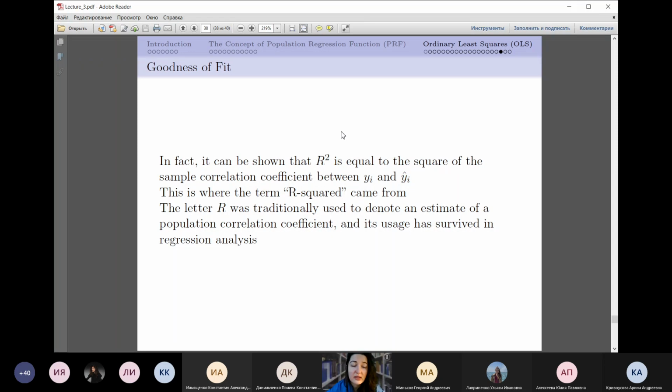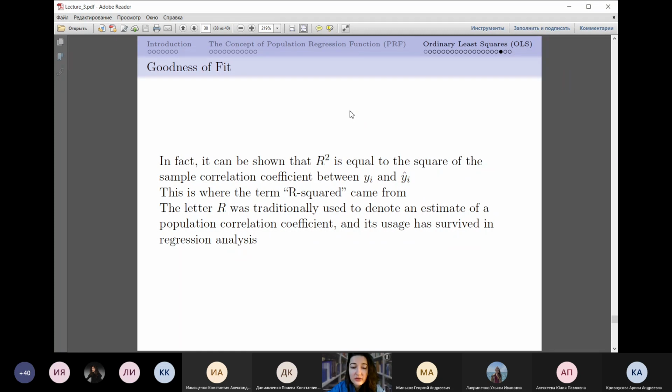At the very beginning, students who are first learning econometrics tend to pay too much attention to R squared. For example, they present the results of some models, they interpret the models, and they can proudly say, you can notice that I have a really very high value of R squared, approximately equal to 0.9, close to 1, and because of this my model is really very good and this is the best model.